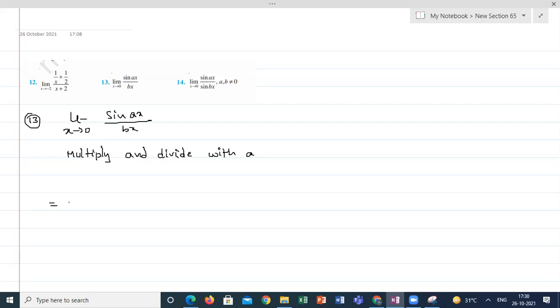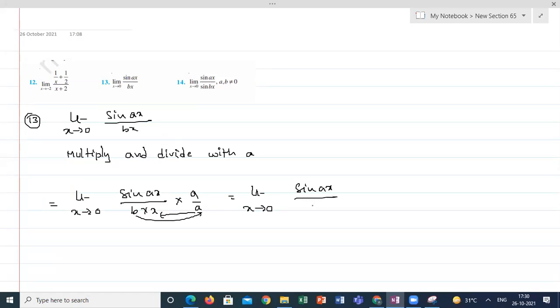So I will get an equation like this: limit x tends to 0, sine ax divided by b into x into a by a. So this b I am taking here and a I am adding here. This will be limit x tends to 0, sine ax by ax into a by b. So where a by b is constant, I am taking a by b out. My final question will remain like this.